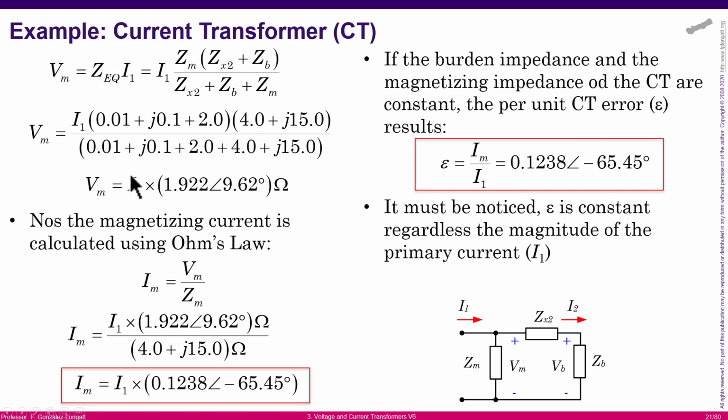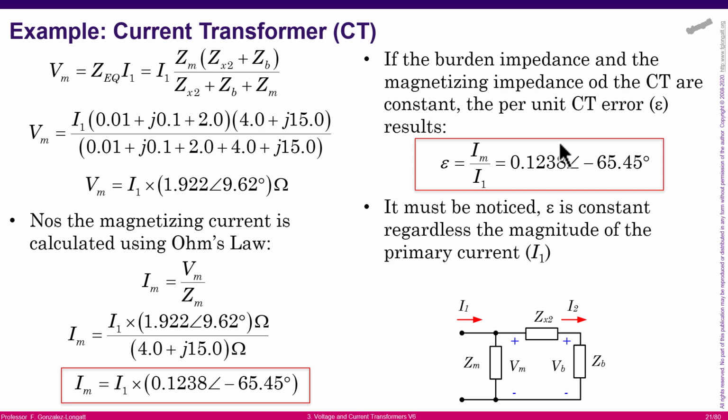But you must be aware there is a relationship between magnetizing voltage and magnetizing impedance. That is the famous Ohm's law. And if we use the result before and combine it with Ohm's law, we can get something very simple, and that is the per unit current error, CT error, okay?